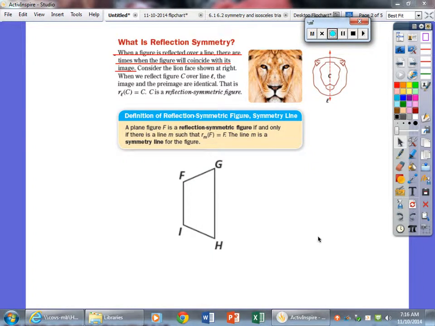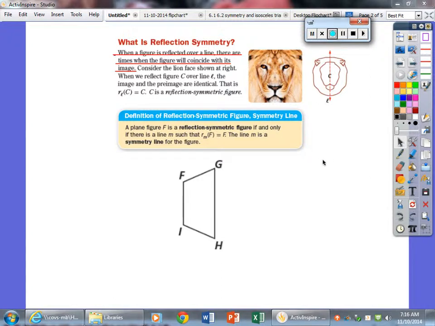It says, what is reflection symmetry? I've underlined the part that's important there. When a figure is reflected over a line, there are times when the figure will coincide with its image. If you look at the lion's face here, and then you look at an outline of the lion's face, you can see that the reflection symmetry line can go right down the middle, and it divides the face into two congruent parts.